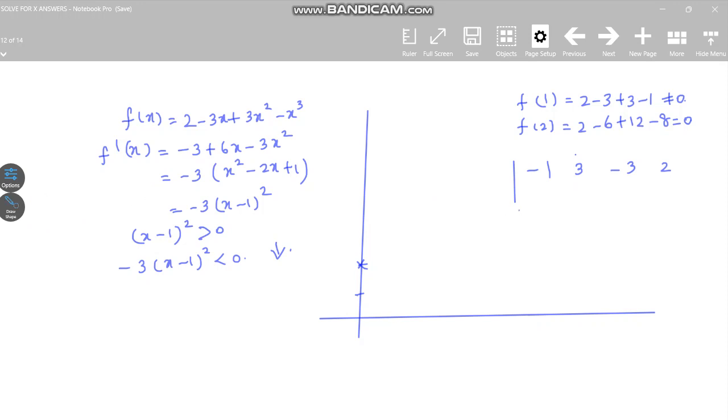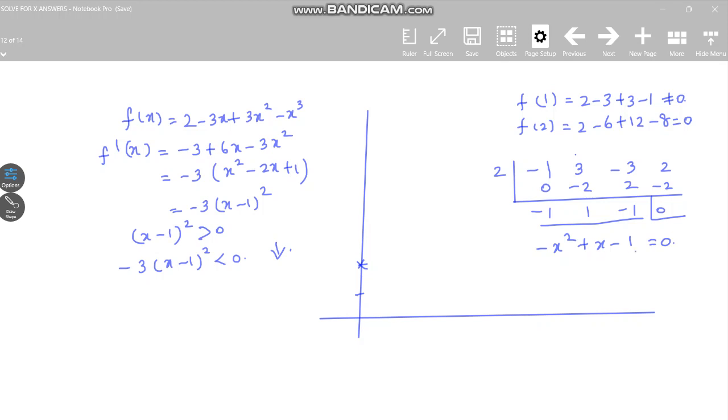It is of course 2, because we have understood that x equal to 2 is a zero of the polynomial. So set 2 here, 0, minus 1, minus 2, 1, 2, minus 1, minus 2, so 0. Therefore the remainder is 0 and the quotient polynomial is minus x square plus x minus 1.